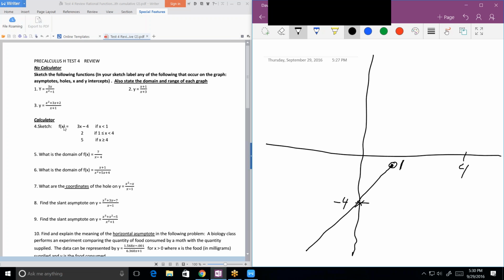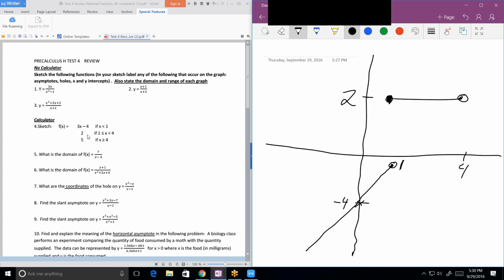Well, this says it's a function, so you know you're not going to have any vertical lines here, otherwise it wouldn't be a function. So the horizontal line at y equals 2 goes between that point and that point. Open or closed on which ends? Closed on 1 and open on 4.